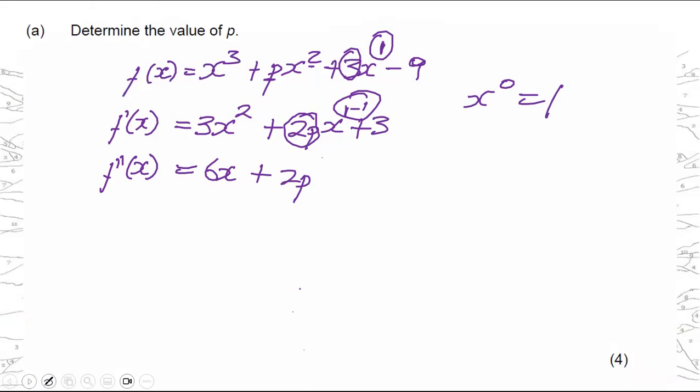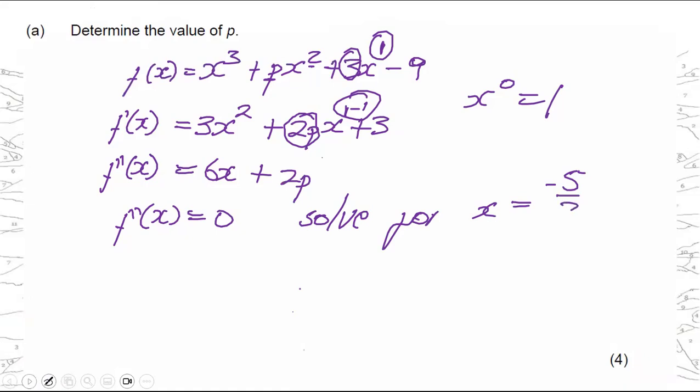Okay, if I take the second derivative and I equate it to 0, and then I solve for x, which was given to us here, which is -5 all over 3. That is the x value of the point of inflection.